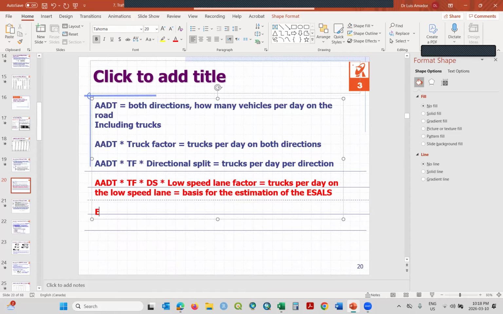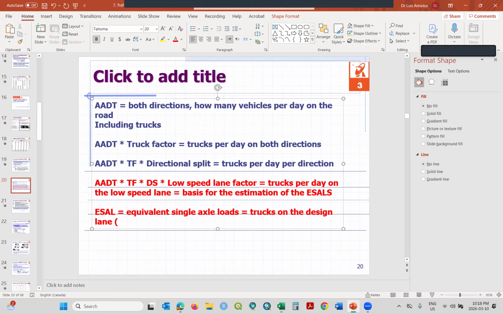So the ESALs, which are equivalent single axle loads, they are based on the trucks on the design lane.